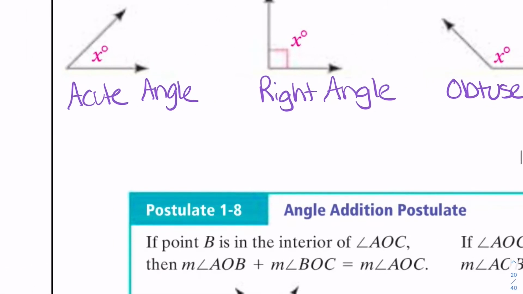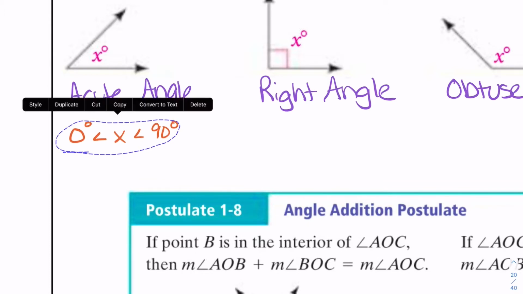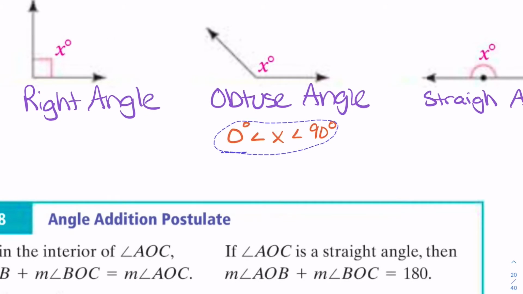So an acute angle is less than 90. It's not equal to 90, so we're not going to use the equal sign, right? We're not going to say it's less than or equal. It's just less than. But what does it have to be greater than? Well, it can't be 0 or else it would just be a ray. So it's between 0 and 90 degrees, which would make an obtuse angle between 90 degrees and 180 degrees, because it can't be 180 or else it would be a straight angle.